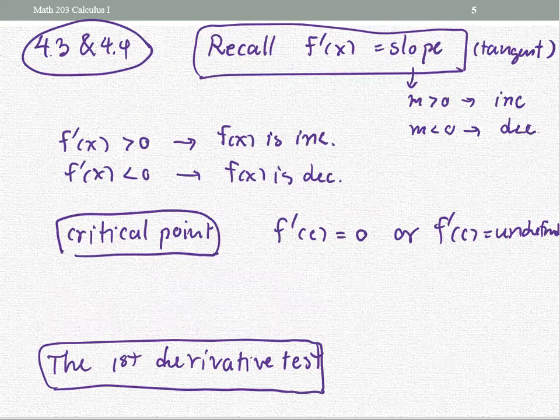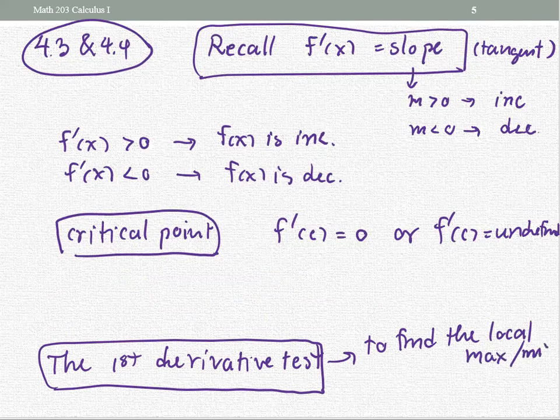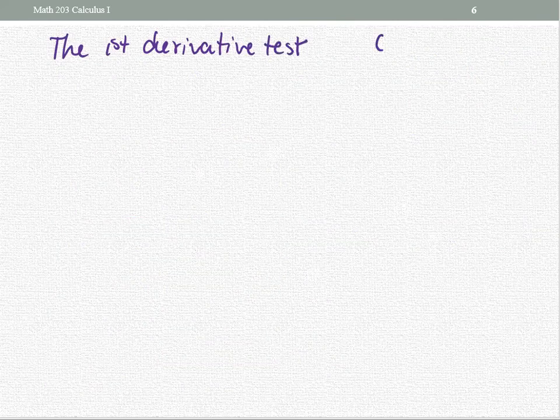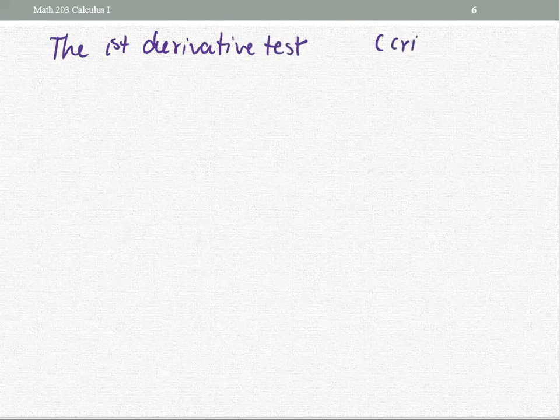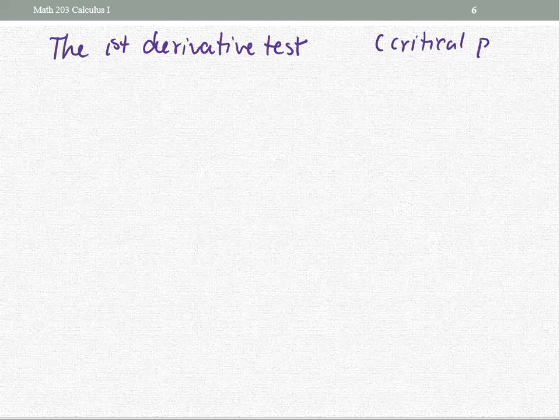The first derivative test is the test to find the local max and local min. How do you use the first derivative test? You have to find the critical points, which come from either f prime equals 0 or f prime undefined.